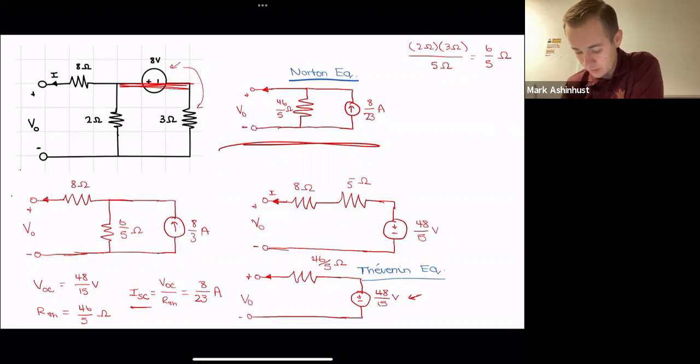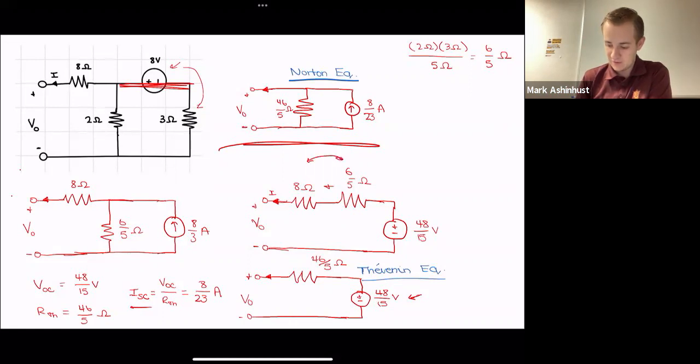The 2 ohm and 3 ohm are in parallel, right? We have 6 over 5, and then the 6 over 5 ohms plus 8 ohms, right? It's looking exactly like what we have right here. Gives us our Thevenin resistance. So that's another way we could have found our Thevenin if that's all we needed. But going through this whole process allows us to find the full Thevenin and Norton equivalents.